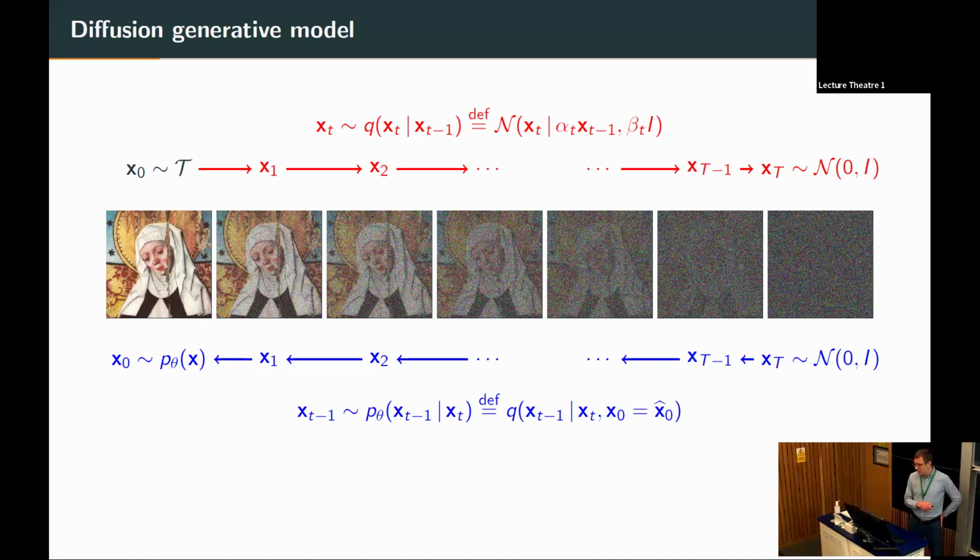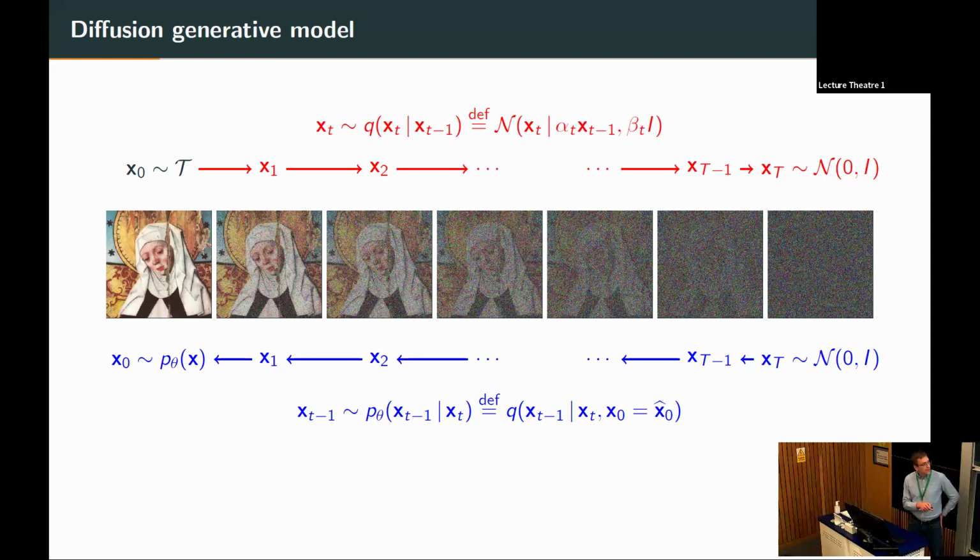So what we do instead is that we postulate a Markovian backward process, which is, for instance, defined according to taking the actual conditional distribution. If we want to go from time t, so x at time t, to x at time t minus 1, we take the actual conditional distribution of xt minus 1 conditionally on xt and also conditionally on x0.